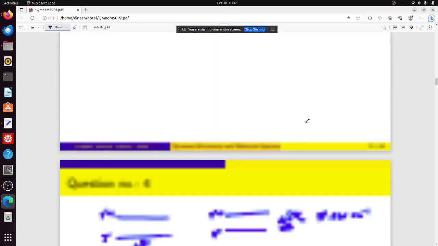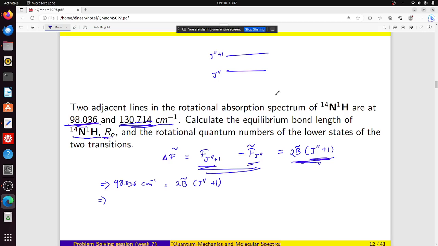So similarly, in this case also, this energy transition value will be 2 beta tilde J double prime plus 1. So these are the individual energy levels. This is 98.036 centimeter inverse and this is 130.714 centimeter inverse.